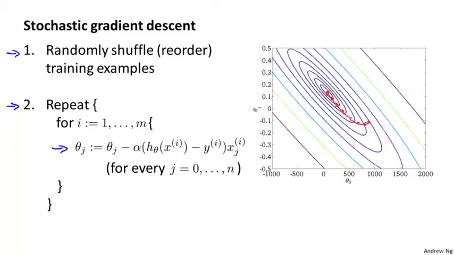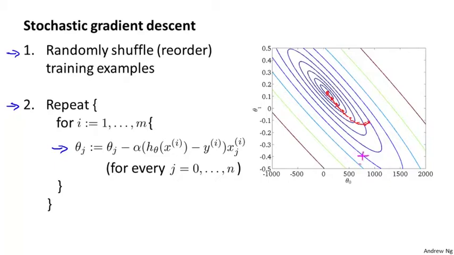In contrast, with stochastic gradient descent, every iteration is much faster because we don't need to sum up over all the training examples, but every iteration is just trying to fit a single training example better.